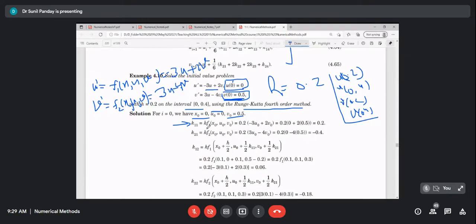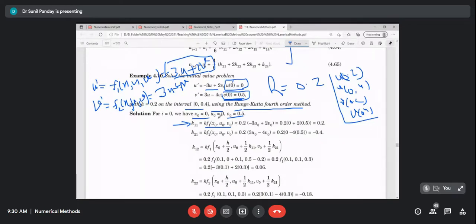We are calculating the value of k1, and if you remember, earlier it was h of f x naught y naught. Since here we have two dependent variables u naught and v naught, it is h of f1, because it is for u. The first index is 1 here. So k11 is h of f1 of x naught comma u naught comma v naught. We know x naught is 0, u naught is 0, and v naught is 0.5, so we substitute in this equation.